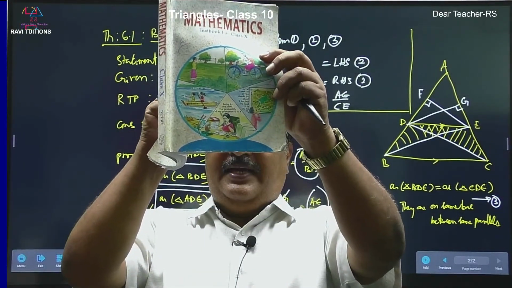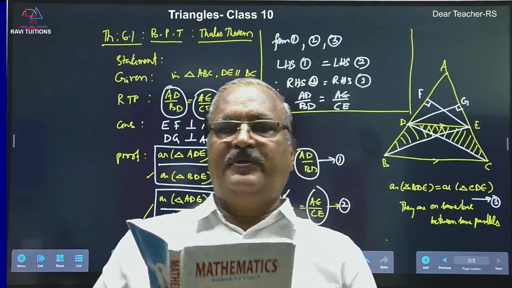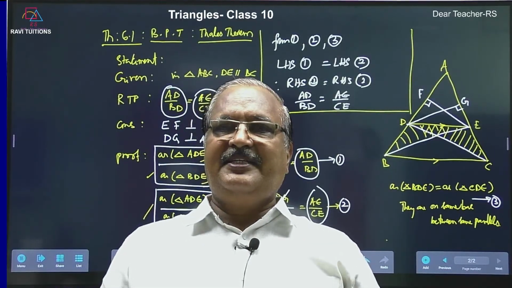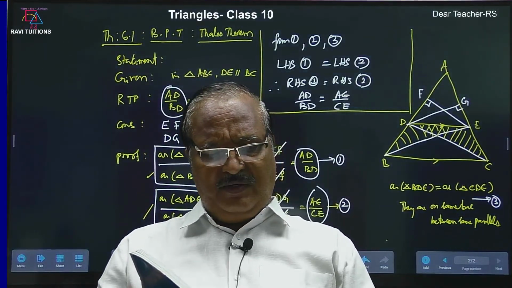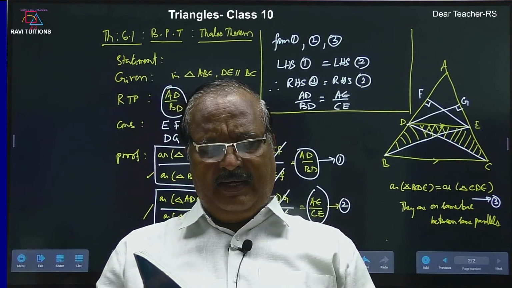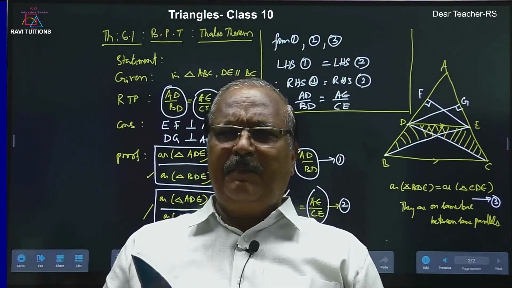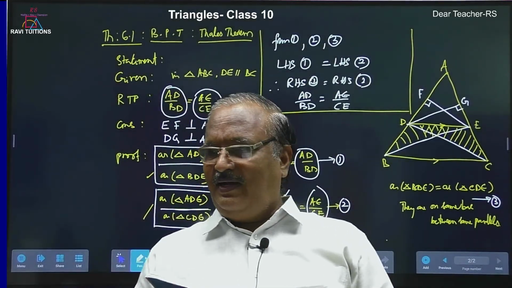I am using the NCERT book. In exercise 6.2, the same two figures are given. You have to find EC in the first figure and AD in the first figure. Apply directly the basic proportionality theorem, then you will definitely get it.